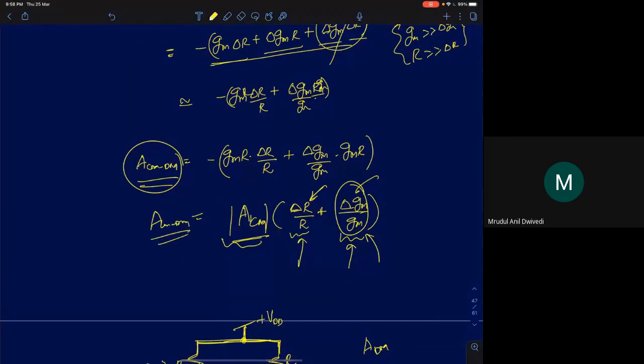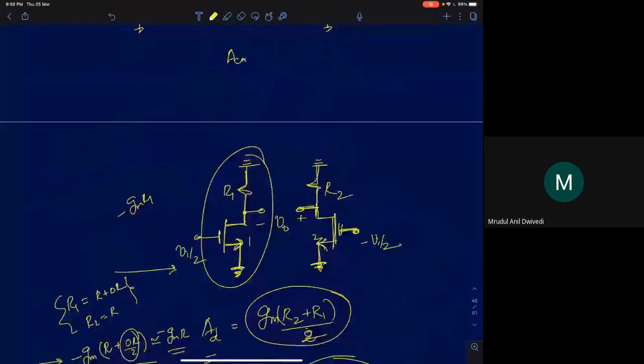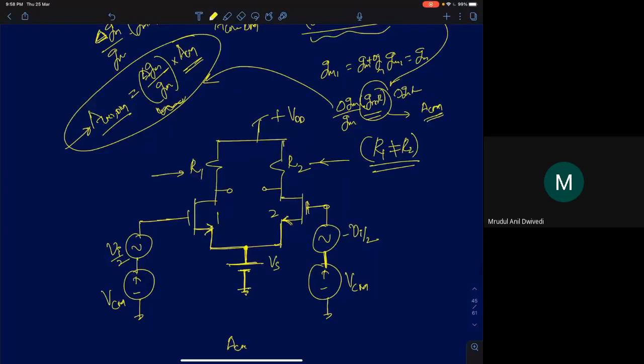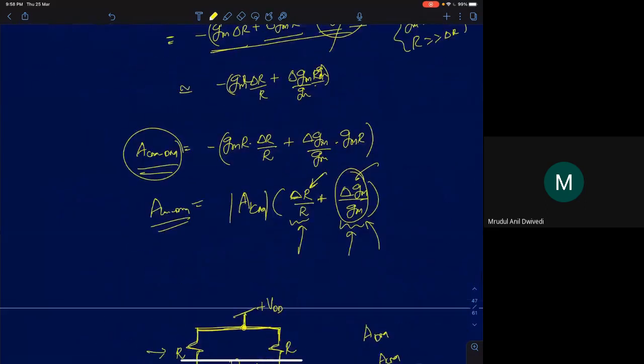And we saw that for a simple voltage bias, where the source is connected to a voltage source here, the VGS is fixed. When we do this kind of biasing, ACM-DM can be quite high if your ACM itself is high, because ACM-DM is nothing but ACM multiplied by the error.